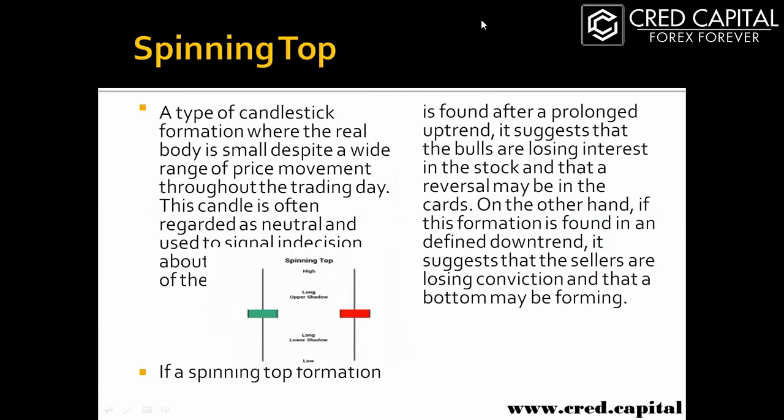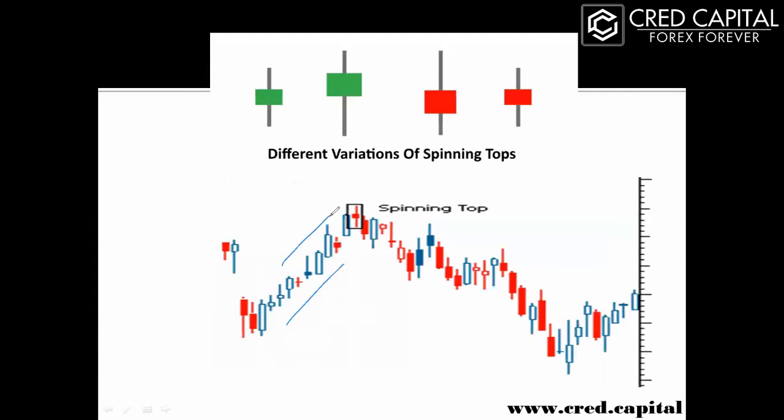This spinning top appears hundreds of times daily in the market. Whether it appears in an uptrend or a downtrend, no worries, you have to wait for sustainability in the market, because this is a kind of candlestick which will appear on both sides of the market.